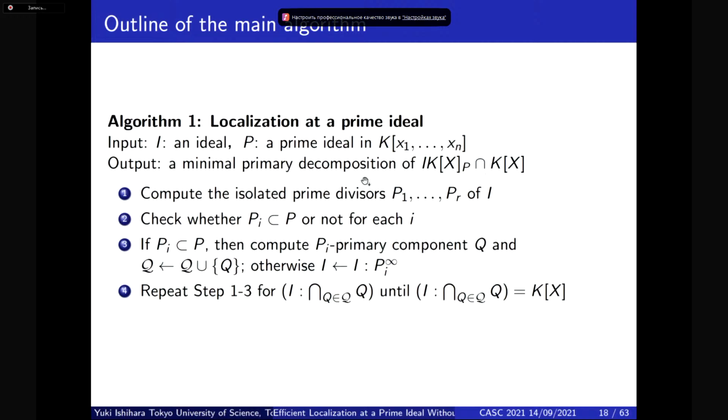First, I compute the isolated primary divisors P1, ..., PR of I. Then take each prime divisor and check whether it is contained in P or not. If Pi is contained in P, then compute the Pi-primary component Q and put it in the set of primary components.